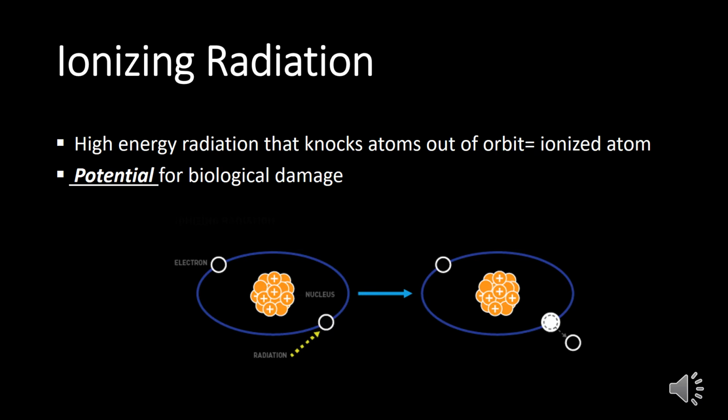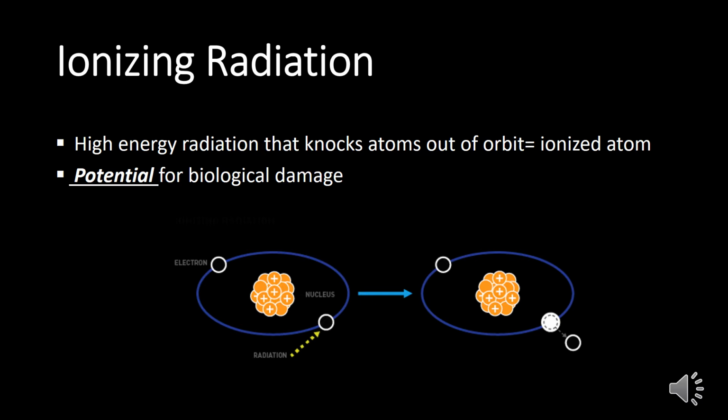That photon's going to hit that atom with enough energy to knock one of these electrons out of orbit. So it's the knocking of that electron out of orbit that's potentially causing damage to whatever organism that atom is a part of. So if it's a part of a cell, it could cause damage to that cell.